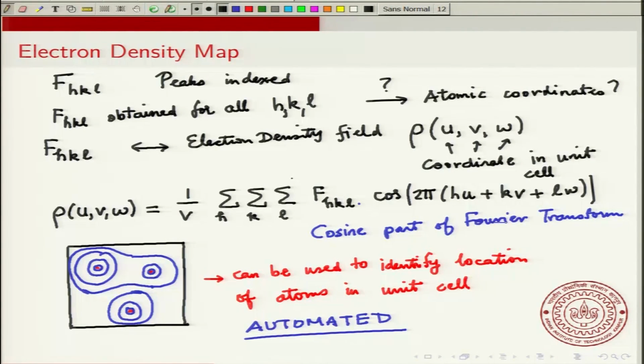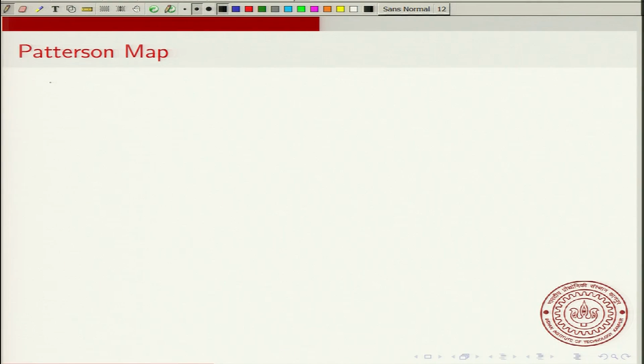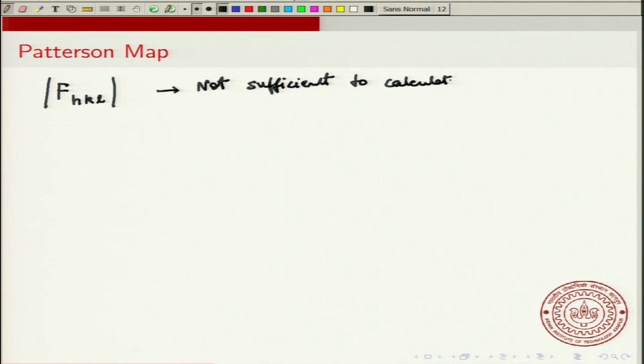So, for this electron density map you need the information whether it is positive or negative. But often in X-ray diffraction you only obtain the absolute value of F of HKL. So, this is not sufficient to calculate rho, the electron density.